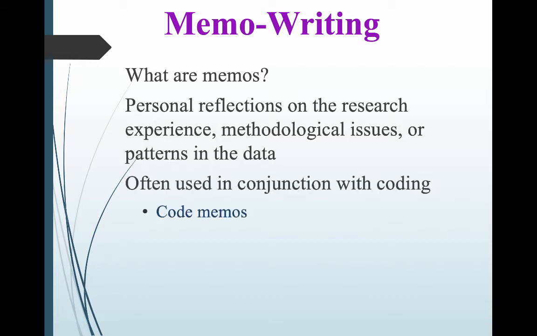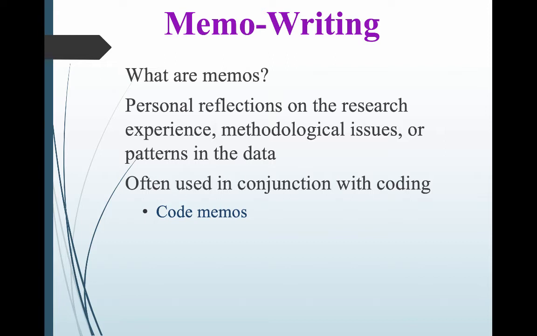And this is often used in conjunction with coding itself. So code memos describe the basis of coding categories as in a code book. Just like in the quantitative analysis we talked about, codes need to be organized and sorted for replication, for explanation in your methods. So it's essential in situations where research teams are working together on a study, because you want to make sure they're all looking at the same thing, measuring it the same way, right?